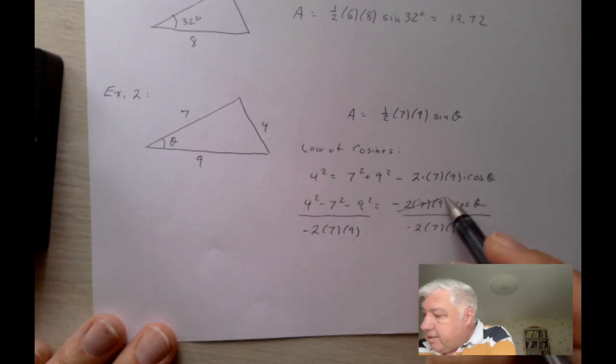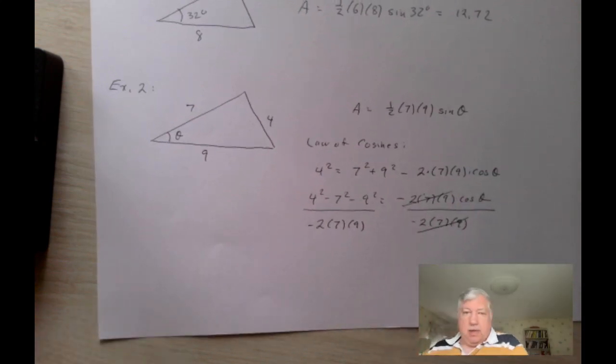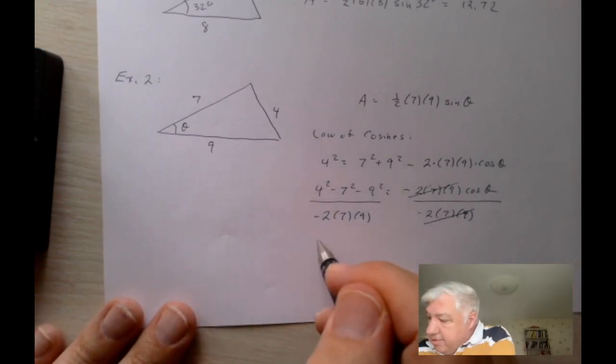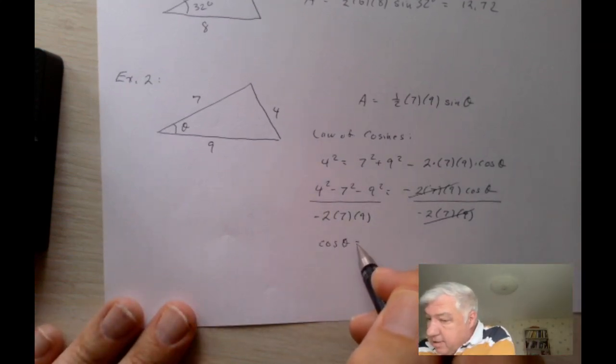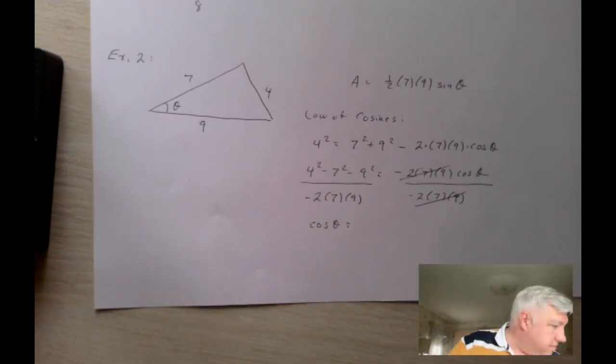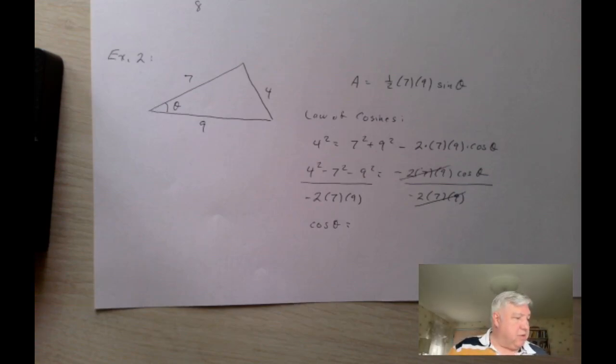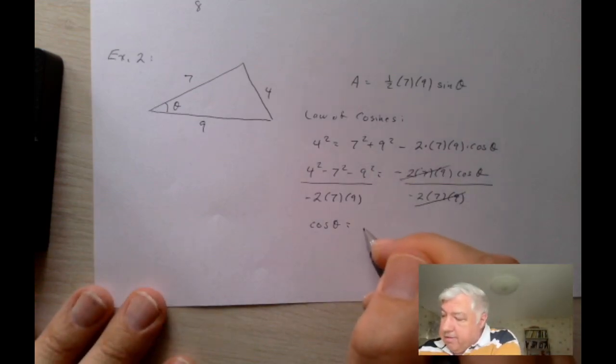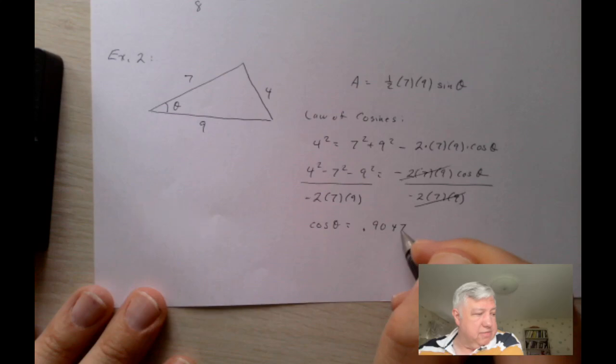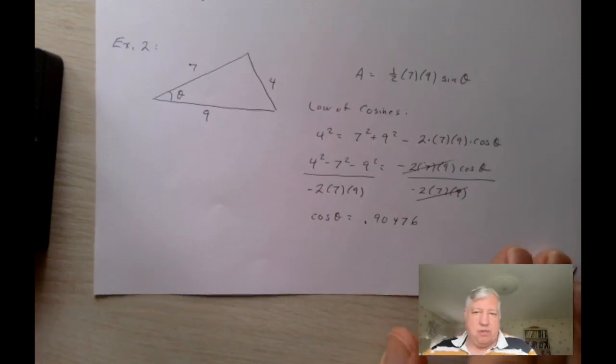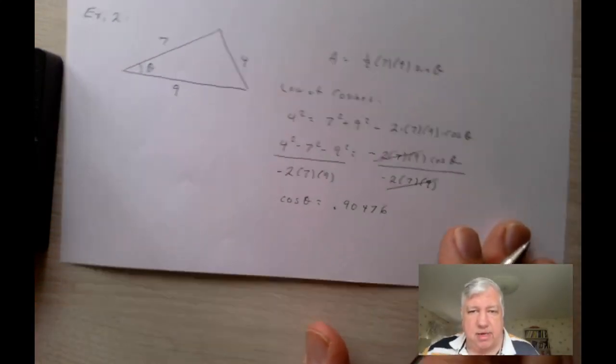Then this cancels out with this, and so the cosine of theta is going to be, on your calculator, 0.90476. It's always good to take as many digits as you can when you're using a calculator.